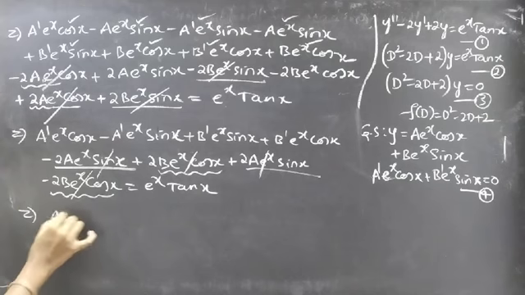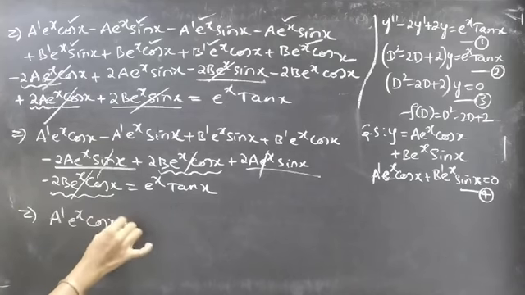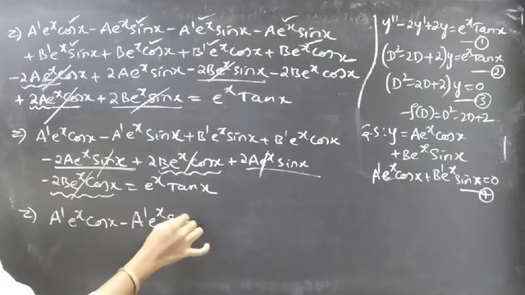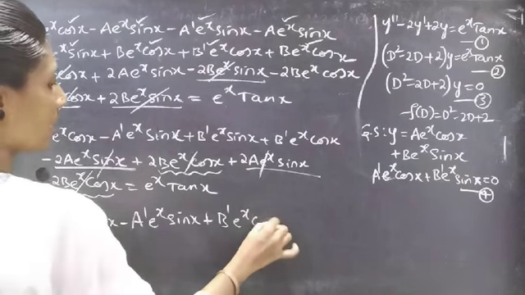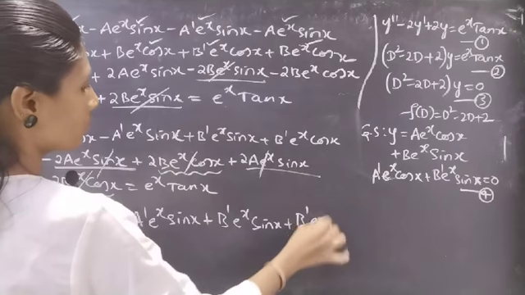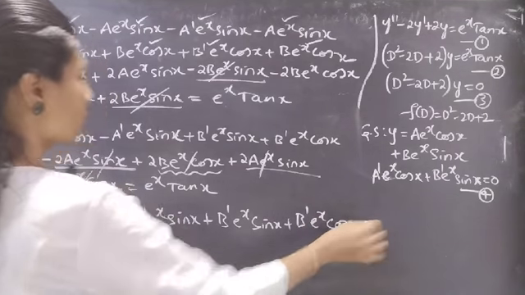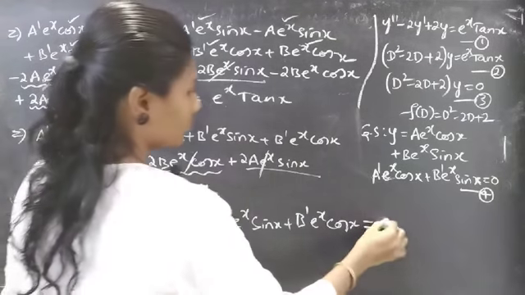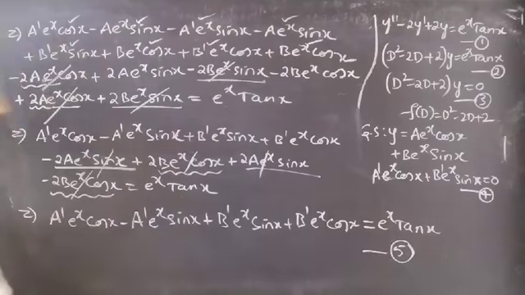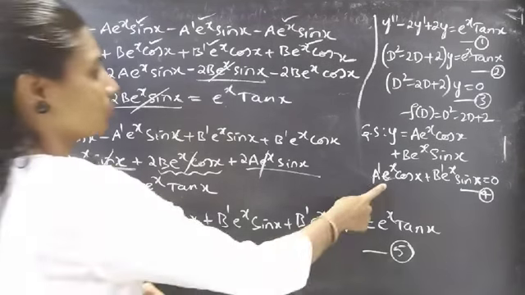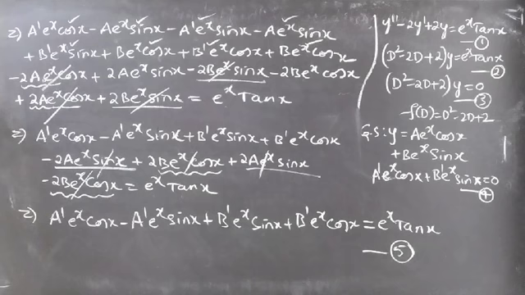This becomes a dash e power x cos x minus a dash e power x sin x plus b dash e power x sin x plus b dash e power x cos x equal to e power x tan x. Now consider it as equation number 5. Now we'll solve equation 4 and equation 5 to find a dash and b dash, so that we can find a and b using a dash and b dash. Okay, let's see.